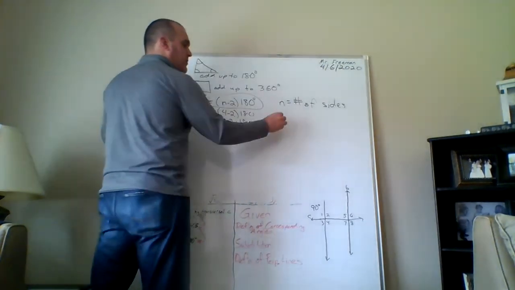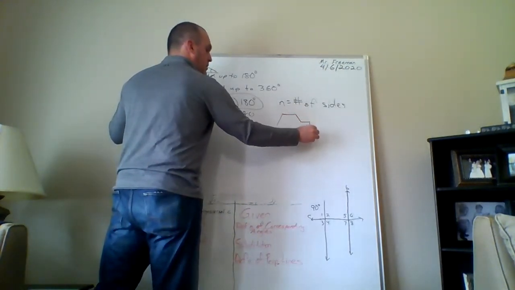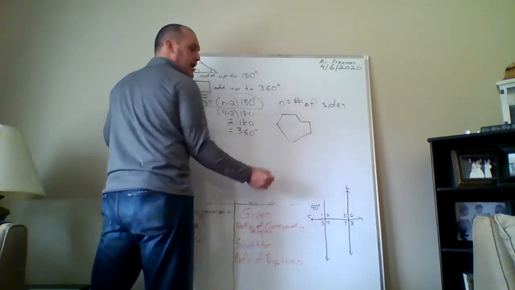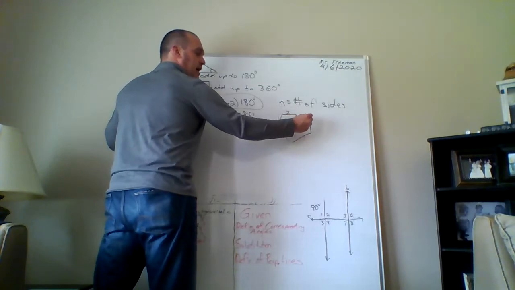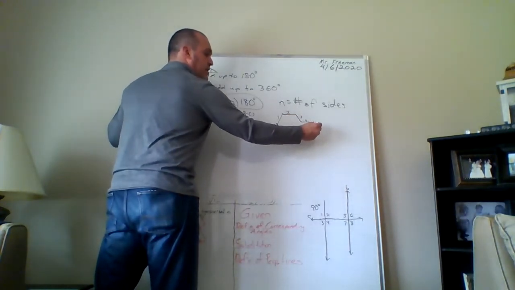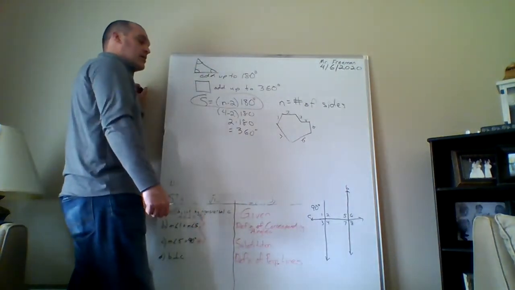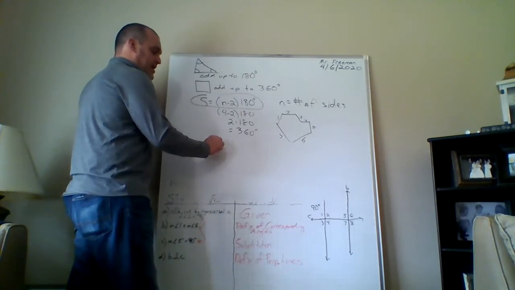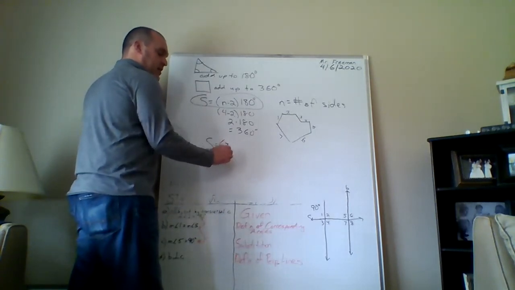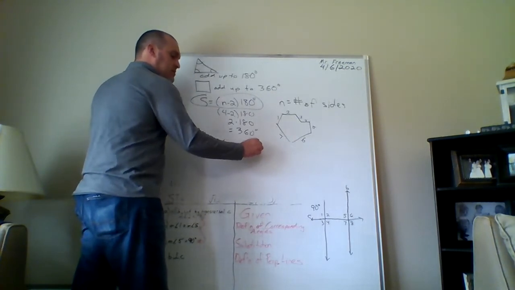So if I have some cockamamie figure that does something like this, I would say, okay, here's a side, here's a side, here's a side, here's a side, here's a side, here's a side, and there's a side. 7 sides to that figure. So to find that, I would take 7 minus 2 times 180.